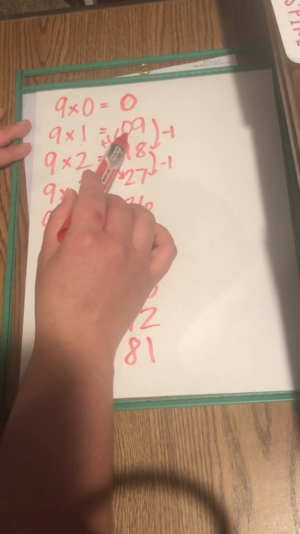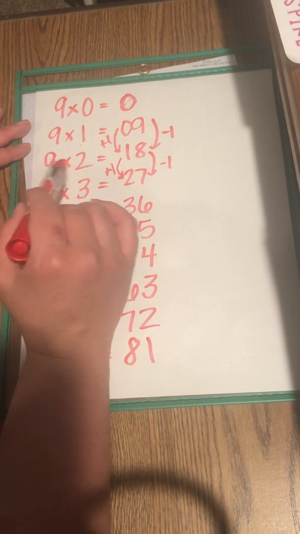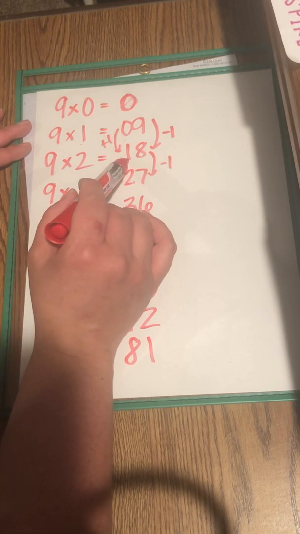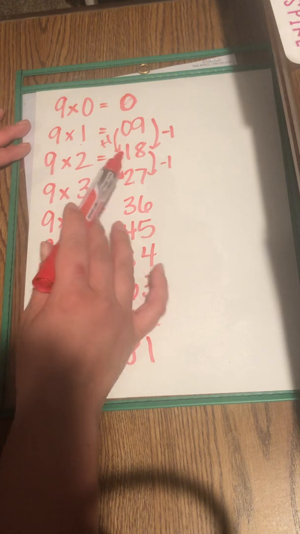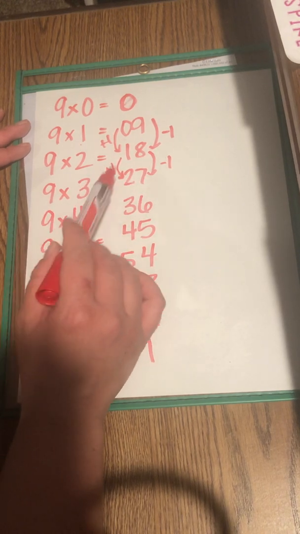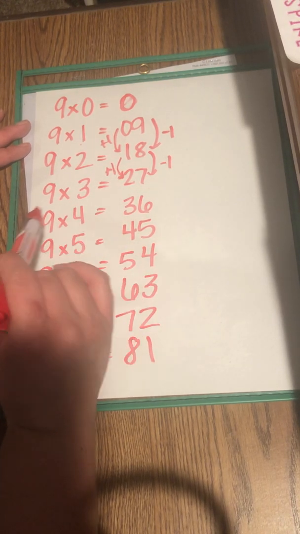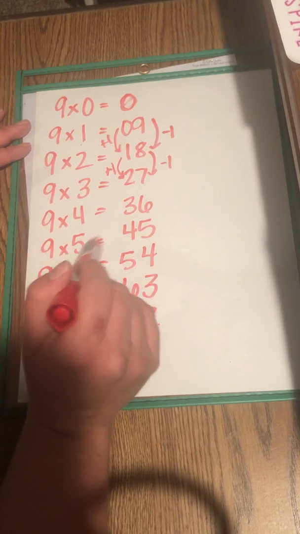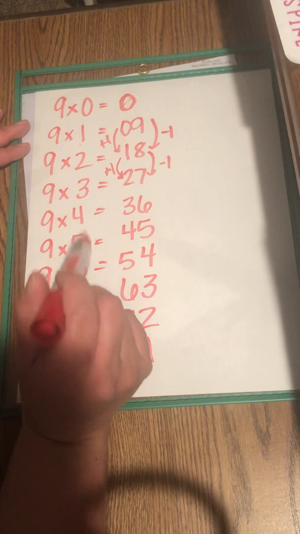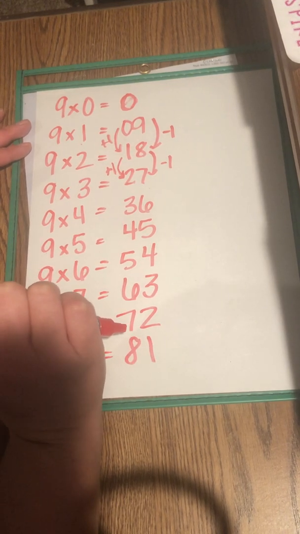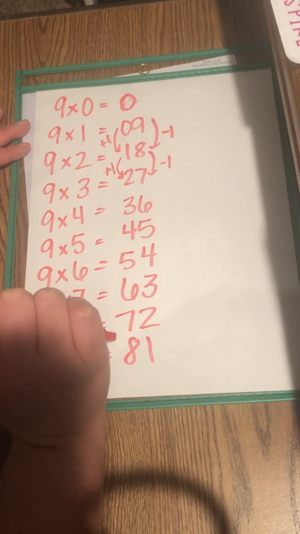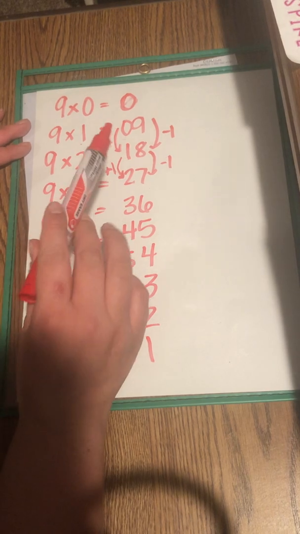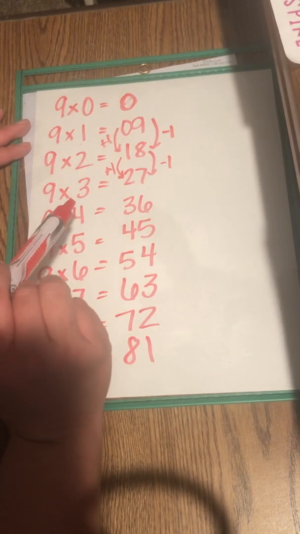So 9 times 1, there's nothing in there. 9 times 2, 1 less is a 1, right? So that would make that 18. 9 times 3, 1 less is 27. 9 times 4, 1 less is 36. 9 times 5, 1 less is 45. So if you know all your numbers as we're skip counting, then we can make those connections to what number is paired by what factor.